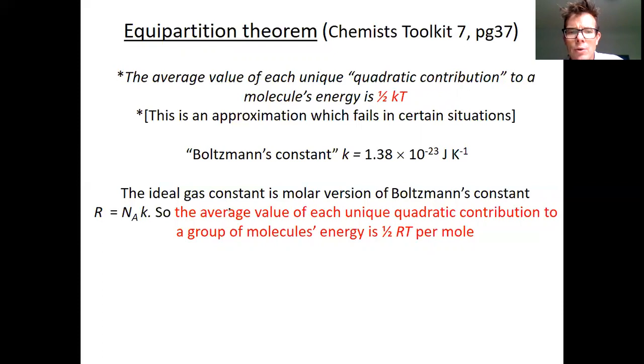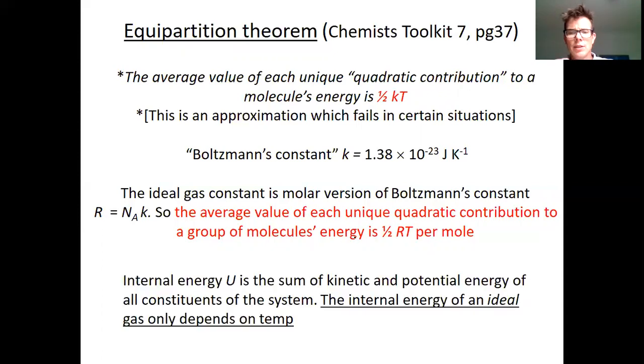This is per molecule, this is per mole. And so an equivalent way to say the equipartition theorem is that the average value of each unique quadratic contribution to a group of molecules' energy is 1/2 RT per mole. And if you're paying close attention, this should be familiar to you, right? Remember that for an ideal gas, internal energy is only dependent on temperature, right? So this is all consistent.